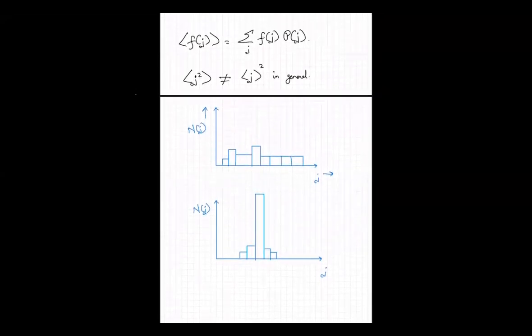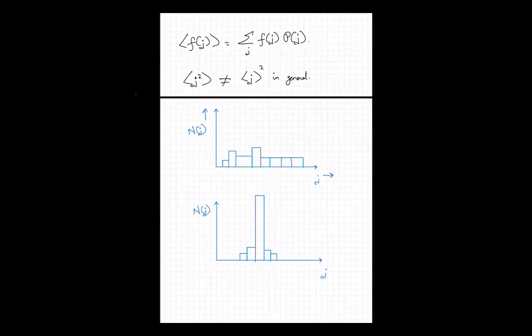Now, let me make an assumption. It is very possible that the average value here and the average value here is the same. Why? Because in case A there is a large spread of the ages.